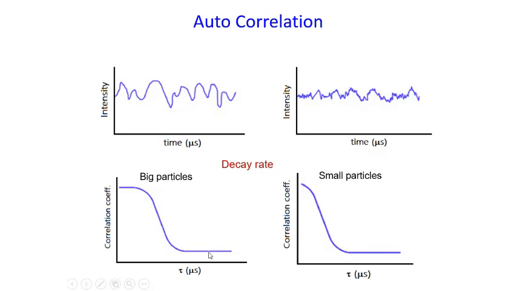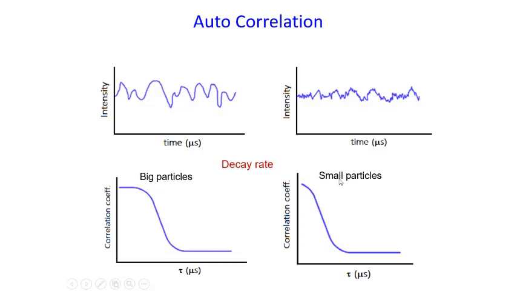That means the decay rate will be smaller for bigger particles, whereas in case of smaller particles, because of the high rate of fluctuations, the decay rate will also be higher, and the correlation will be quickly lost.